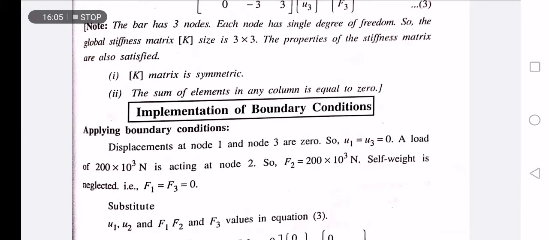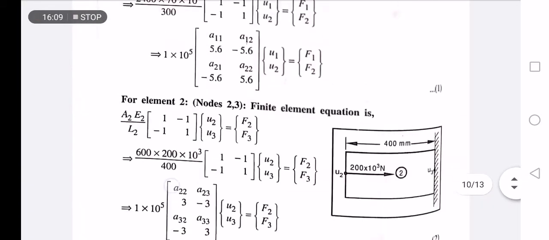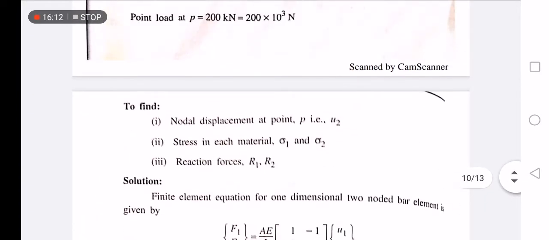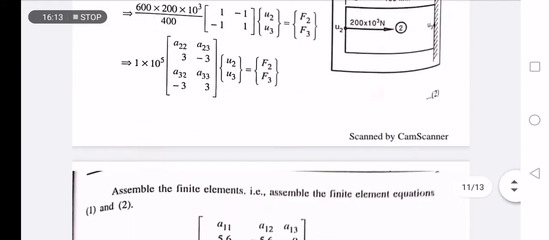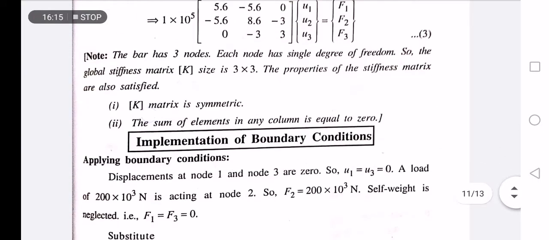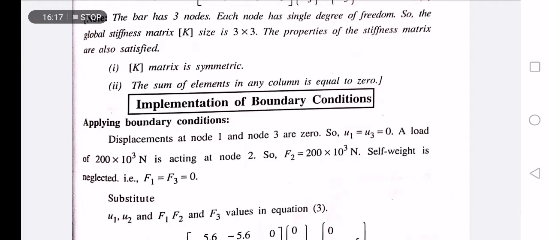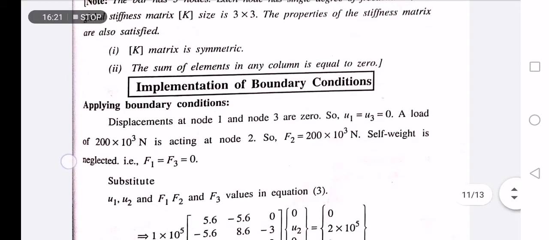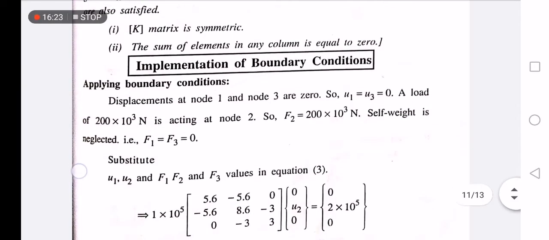Now after that we will apply the boundary conditions. First we want to find the nodal displacement at point P, U2. The displacements at nodes 1 and 3 are 0, so we can substitute U1 and U3 equal to 0.